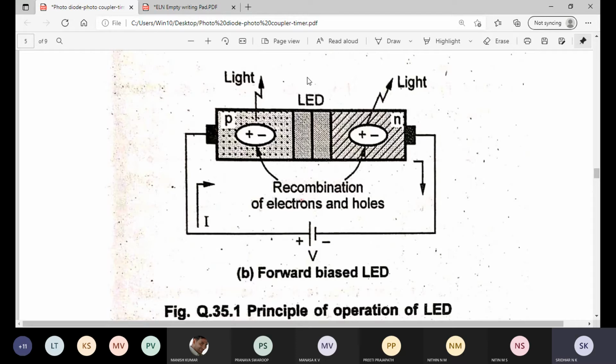So if you see the energy bands of each color, you have different colors for different energy levels. I'll just give one or two examples of that.